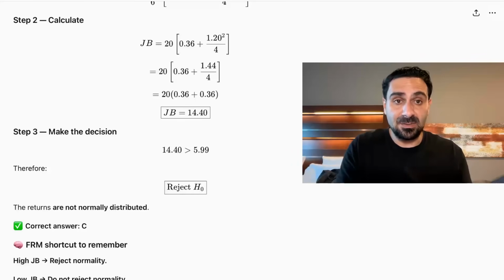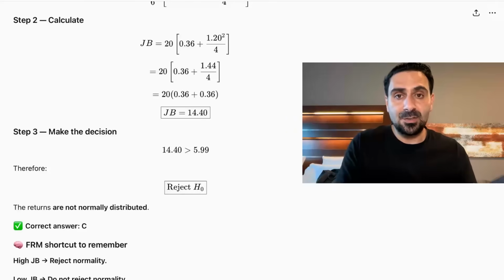It's asymmetric, meaning that the tails are thick and the observations are located at the tails. So you will need to reject the H0 and you will need to accept the H1, which is the alternative hypothesis.